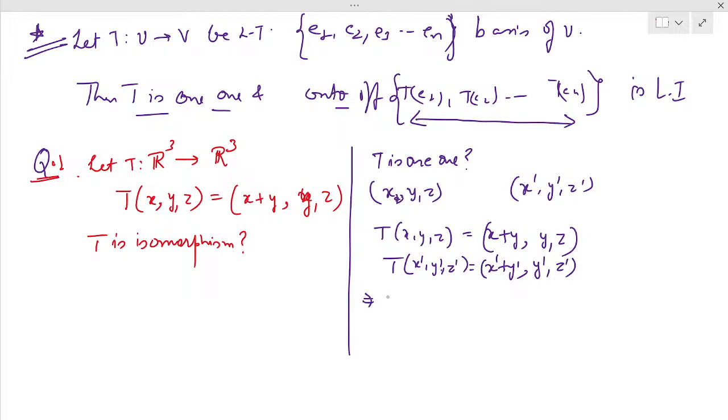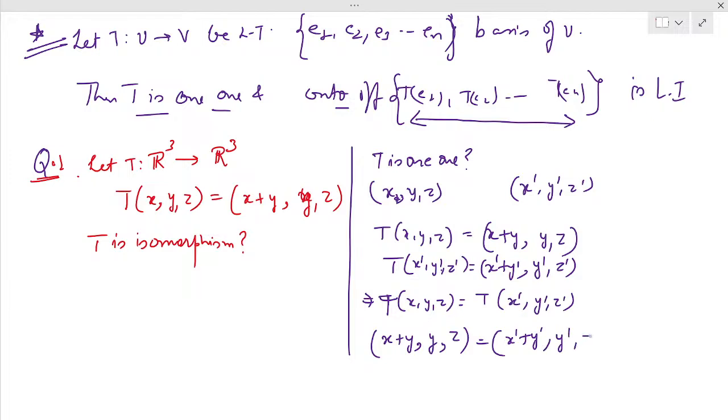If T of x comma y comma z is equal to T of x dash comma y dash comma z dash, then x plus y comma y comma z equals x dash plus y dash comma y dash comma z dash. From here I get y equal to y dash, and z equal to z dash. And if y dash and z dash are equal, then x dash should be equal to x.